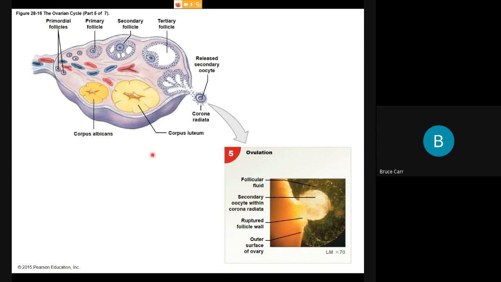Now, when you use a light microscope, you search and search for the right picture, but this one's a doozy. This is showing the moment of ovulation right here. So they got to look when it actually breached, and you can see the secondary oocyte here inside the corona radiata, those accessory cells that are protecting it. You can also see the boundary of the overall follicle that contains this secondary oocyte.